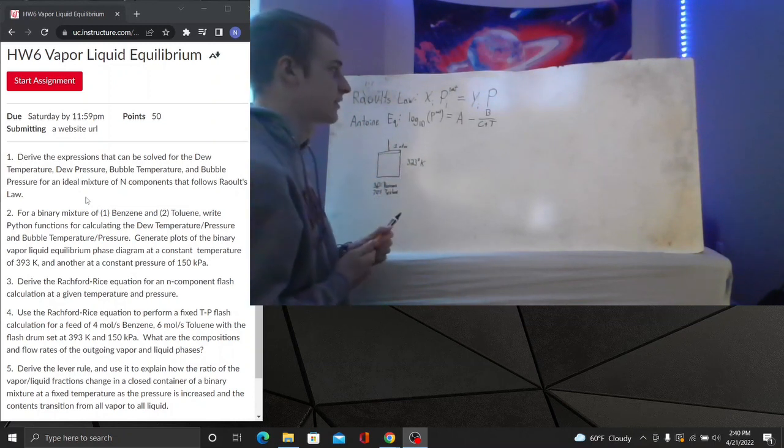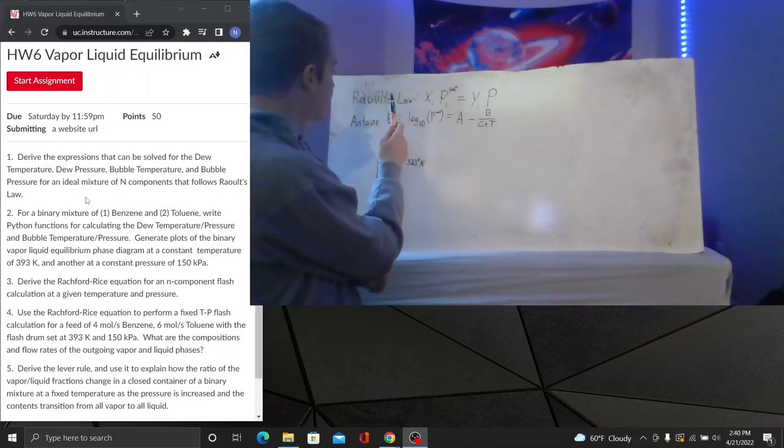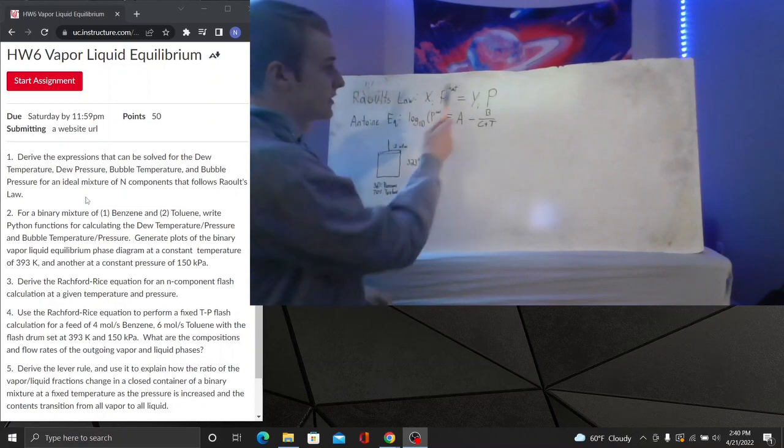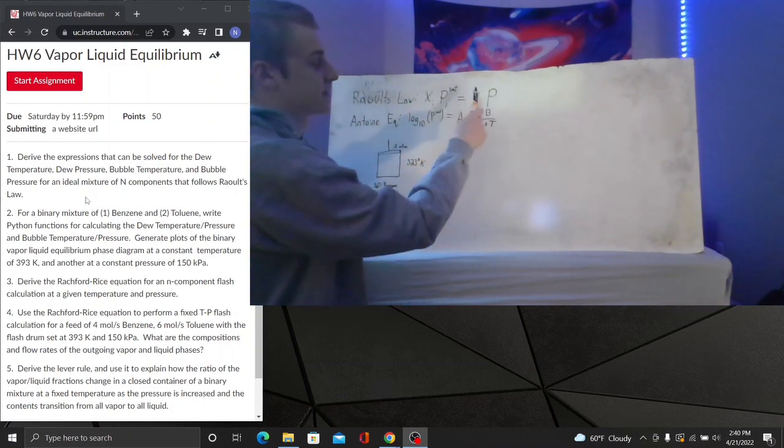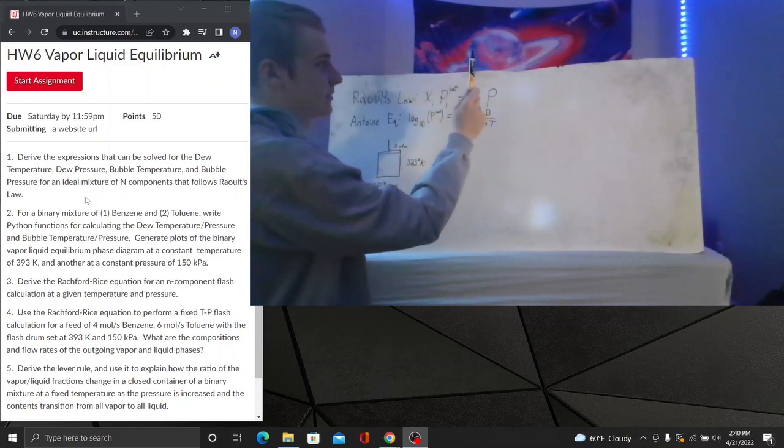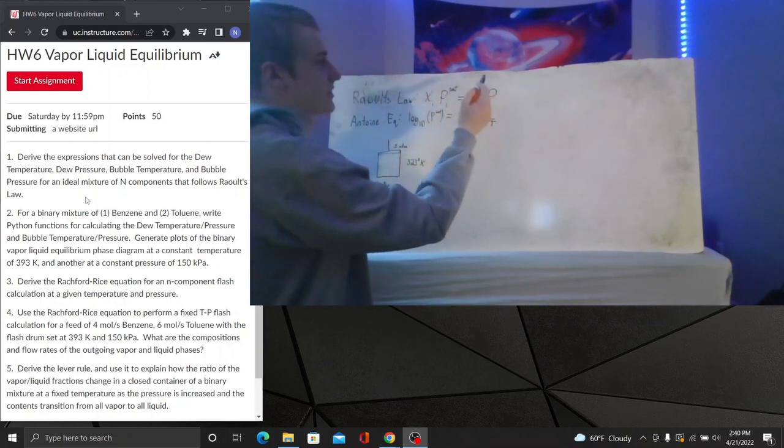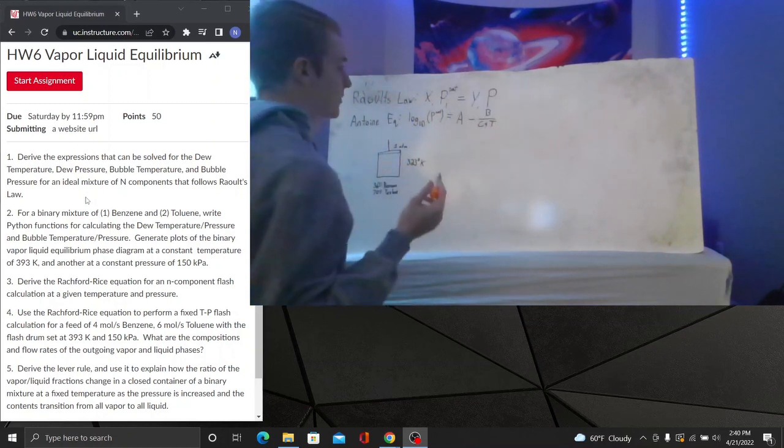323 degrees Kelvin. And from Raoult's law, this side of the equation, just the mole fraction times the total pressure, is actually just the partial pressure of the component.